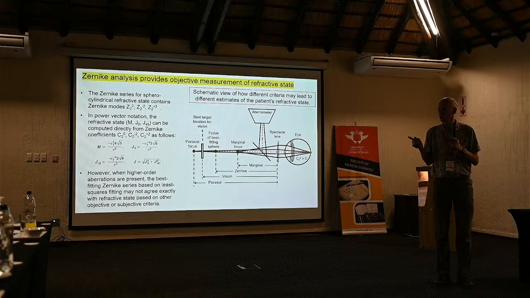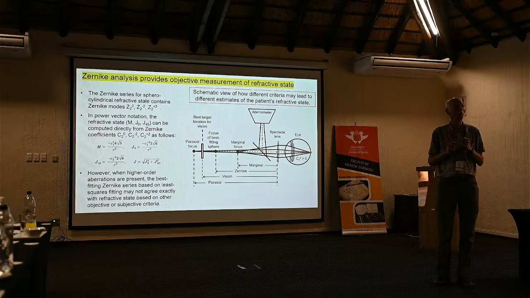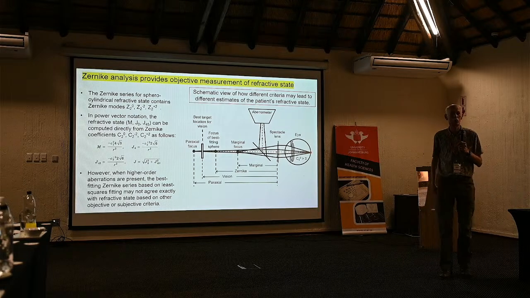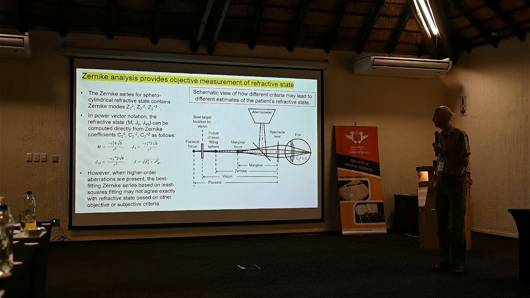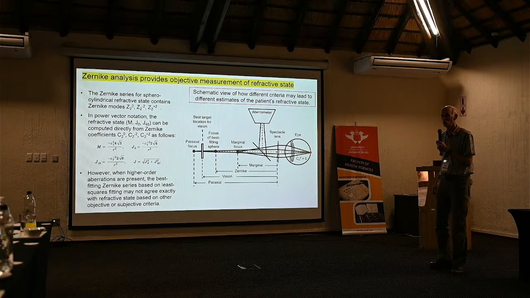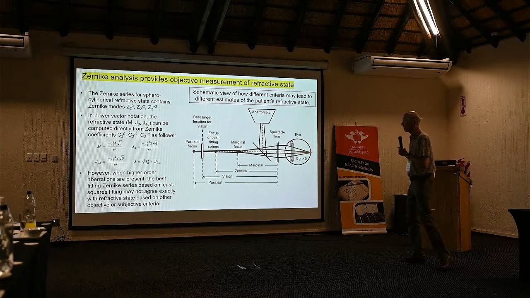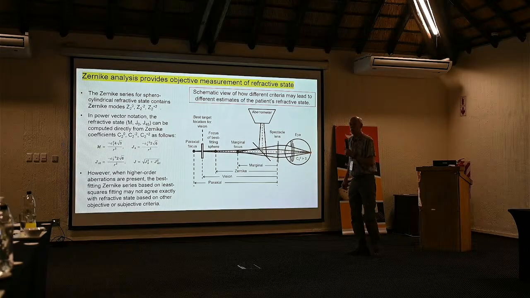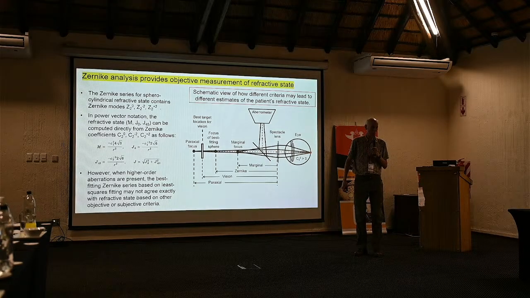And that's how you find the best model. It's the least squares method. It's used universally in all branches of math and applied science. And that's what Zernike analysis does. It tries to find the least squares fit. So the least squares fit is not equivalent.